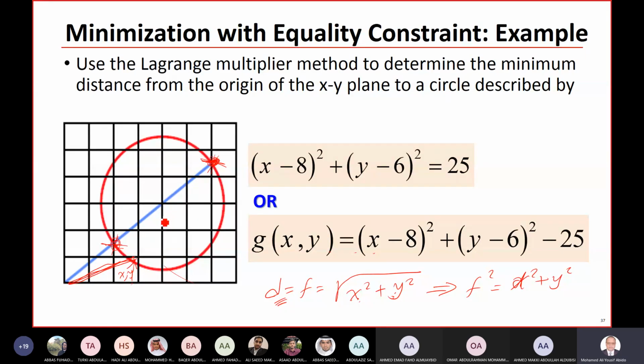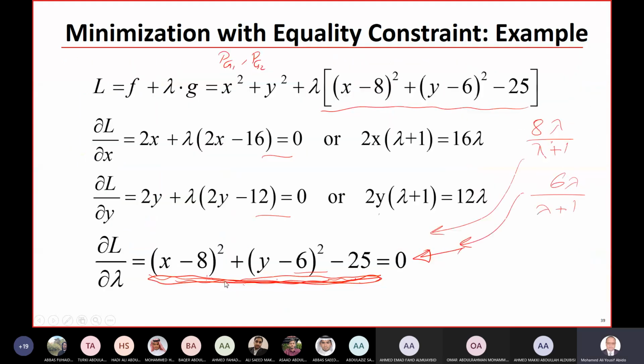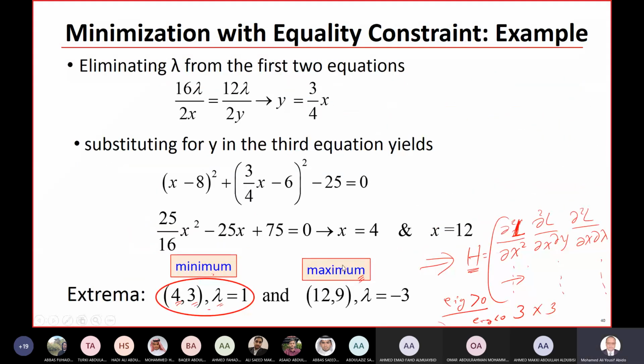One gives you the minimum distance, and the other gives you the maximum distance. So this is the maximum point. Okay, I hope the things are clear. If you have any question, please ask.